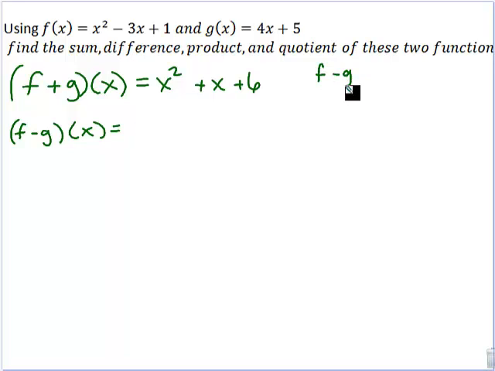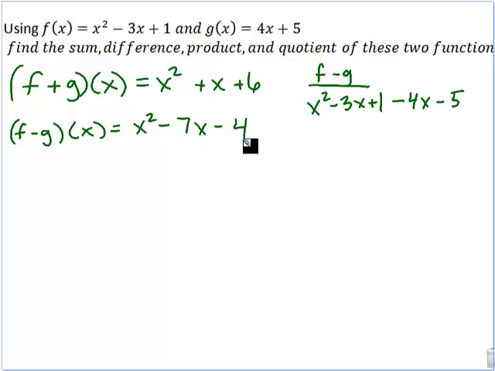So if I'm looking for f minus g, I might write out x squared minus 3x plus 1, and then minus 4x minus 5, so that I make sure that I have my signs correct. Okay. So we want to make sure we subtract everything. So if I get my like terms together for this, what would I have? X squared, yep, minus 7x minus 4. Those two okay? Yeah.